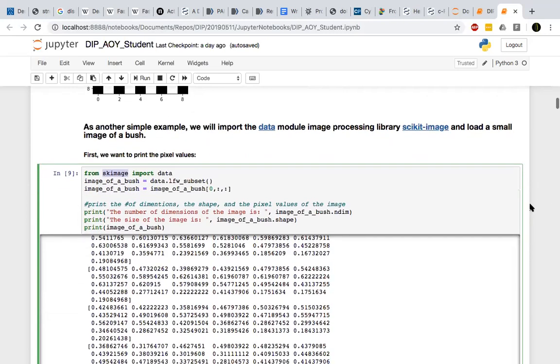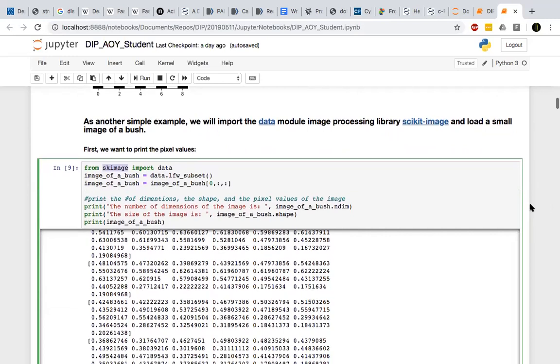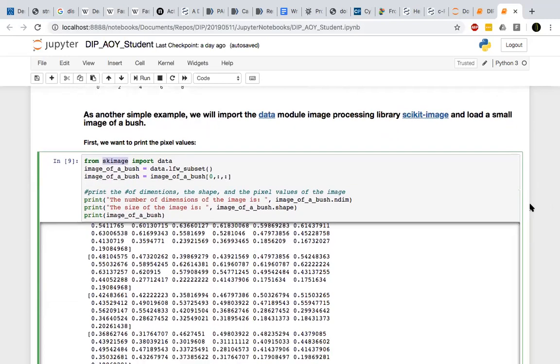So if you downloaded Anaconda, skimage is scikit-image, an image processing toolbox basically for Python. If you installed Anaconda, it's pre-installed there, but it's a package that you call.